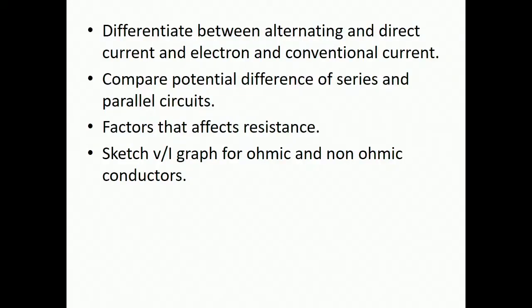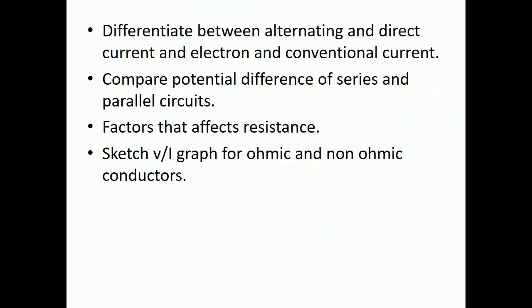Differentiate between AC current and DC current, alternating current and direct current, and also be able to give the difference between electron current and conventional current. With alternating and direct current, you should also be able to state their sources.